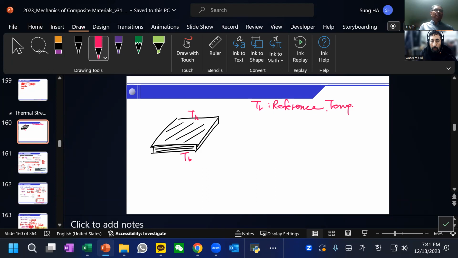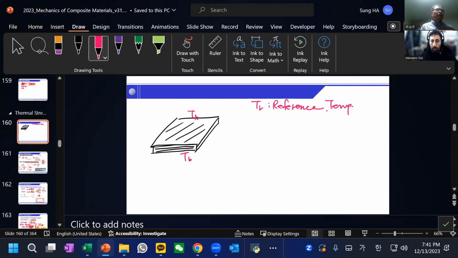The reason is that strain is a relative expansion. For example, the strain at 0 degrees and the strain at 20 degrees or room temperature, the amount of deformation will be different. So let's say stress-free, and at that point, the temperature is what we call the reference temperature.